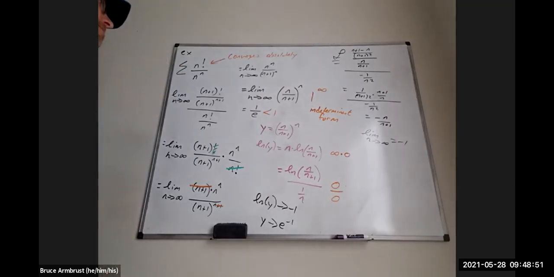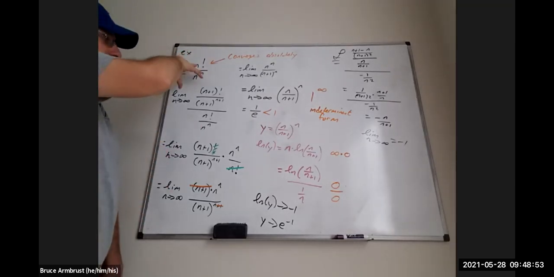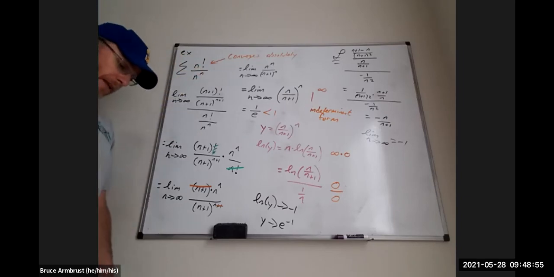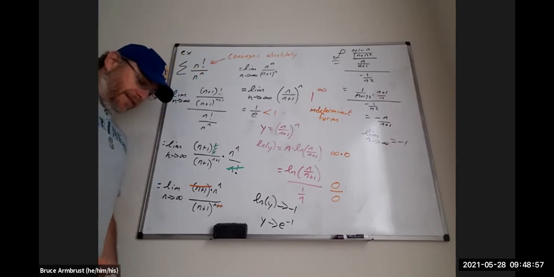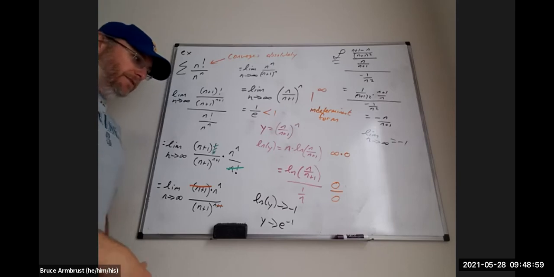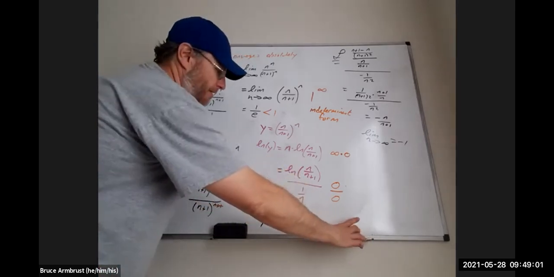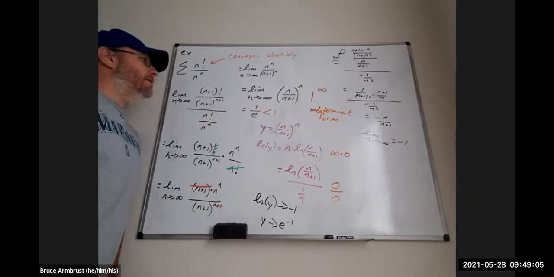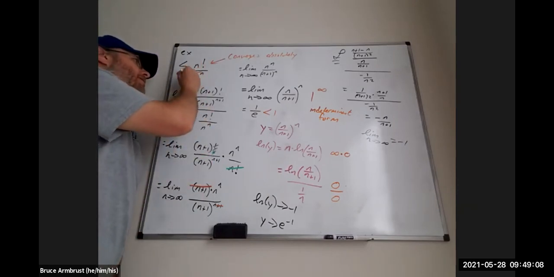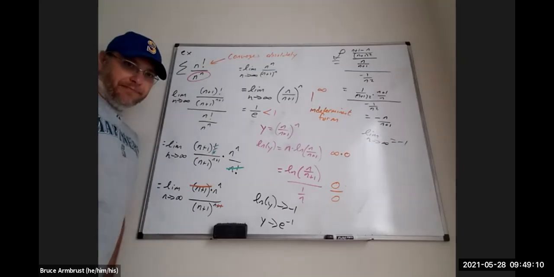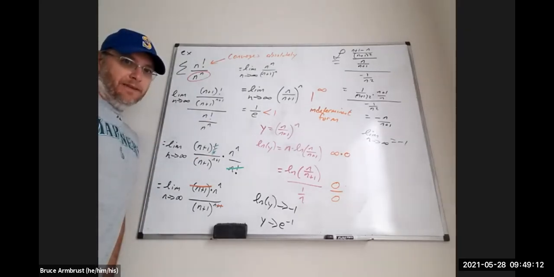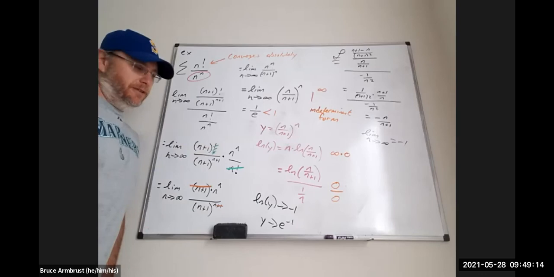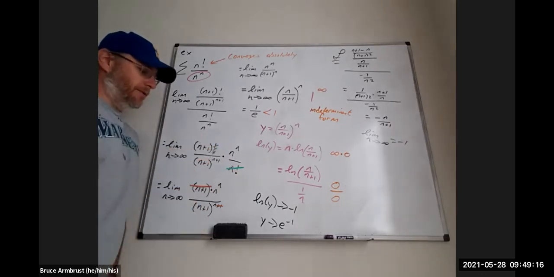All right. Well, if you look at this original series and you look at the pieces of it, the piece that was really the problem, the piece that made this limit taking horrible was this guy, the n to the n. The n factorial was beautiful. I mean, that canceled away right away.